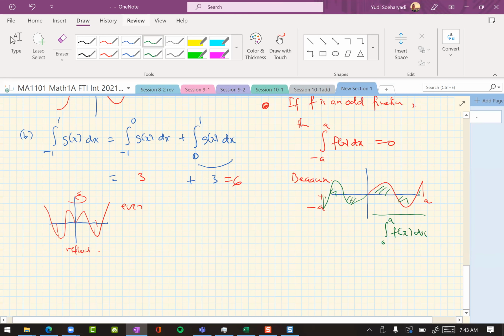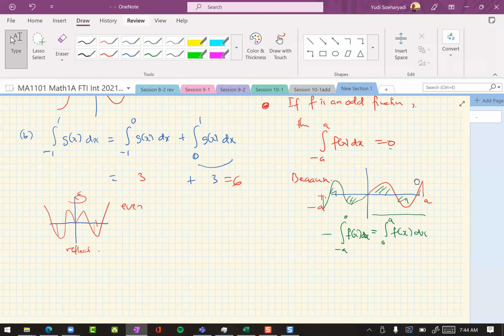This positive, negative, this negative, this positive. So that's why 0 is the negative. So when you add them up together, from negative A to 0 and so on, what you get is 0.